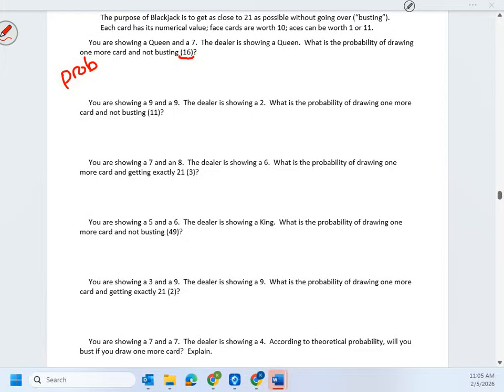Think about what probability means. Successful over total. So what's that fraction? Holland? 16 over 52.